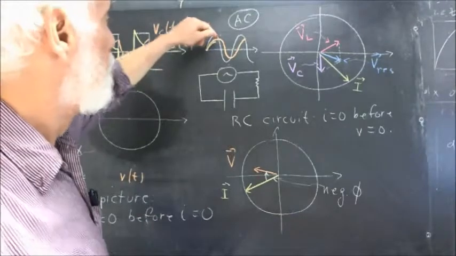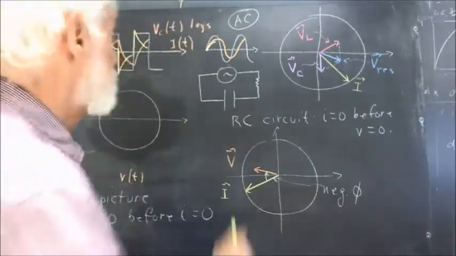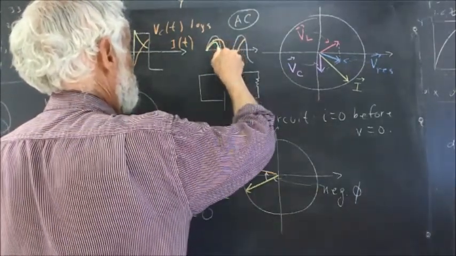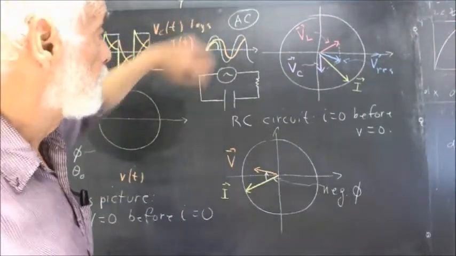And when you get to this point where the capacitor and source voltages are equal and opposite, the current's going to have decreased to 0.